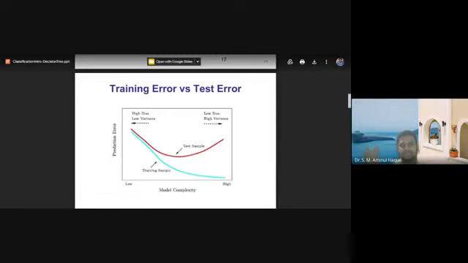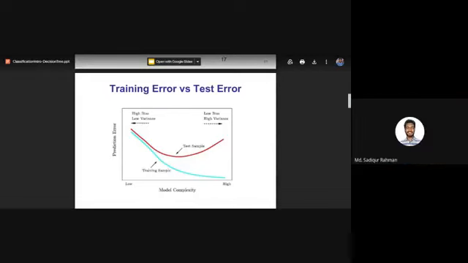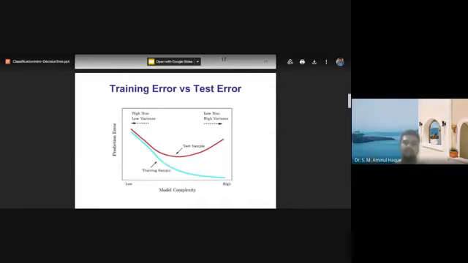This is underfitting. And when the model complexity is very high, the training sample prediction error is very low, but the test sample prediction error is very high. What is this? Overfitting or underfitting? Overfitting. You see, the model complexity is very high.